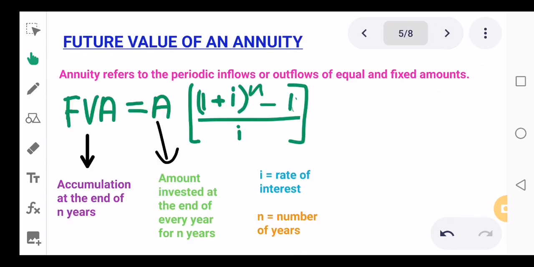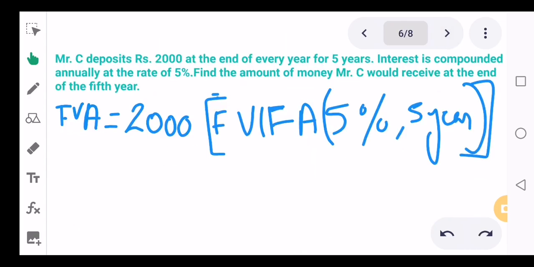But in this case it is a little different. We are finding out for annuities. That's the difference. This particular table can be used only when it is an annuity, nowhere else. If it is the case of multiple cash flows where the amounts are unequal, you're supposed to use the single flow table.